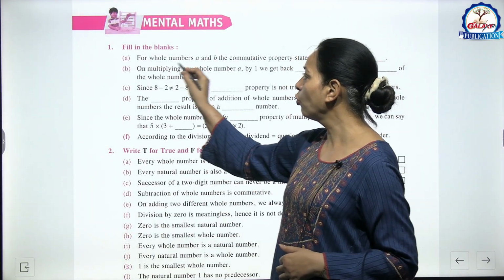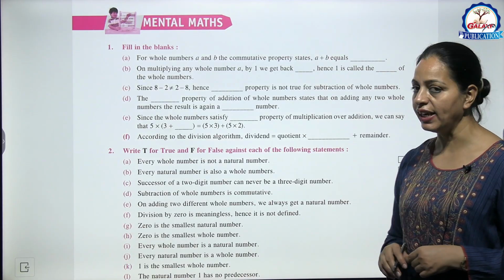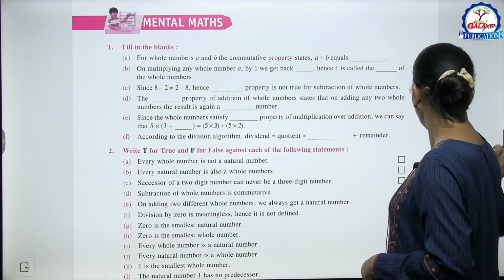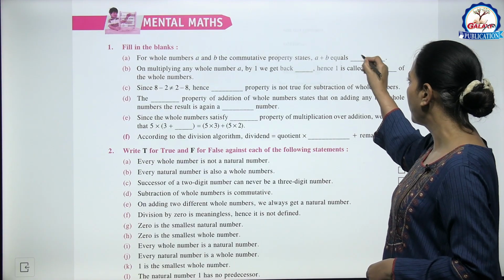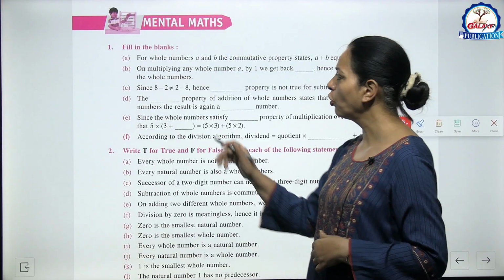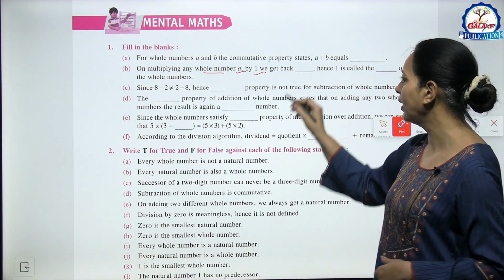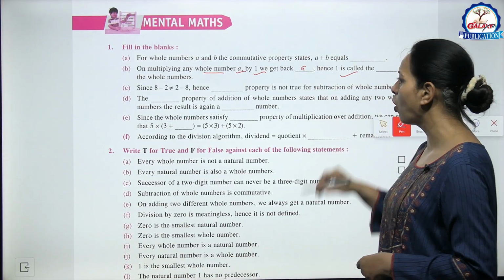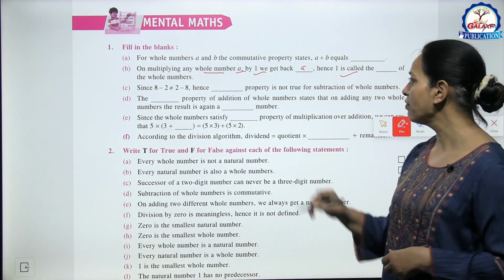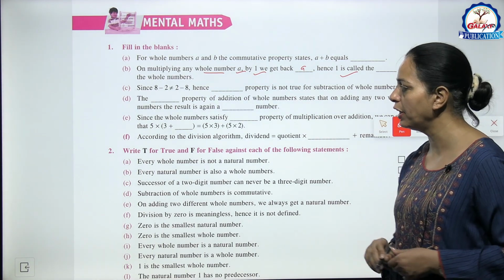A part, for whole numbers A and B, the commutative property states A plus B equals B plus A, right? Now B part, on multiplying any whole number A by 1, we get back A. Hence 1 is called the multiplicative identity of the whole numbers. Similarly, you can try the remaining parts.